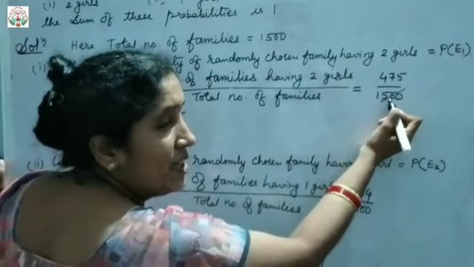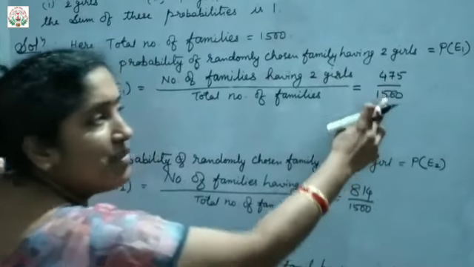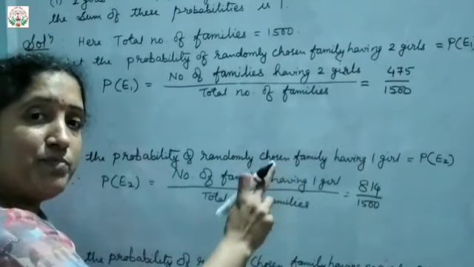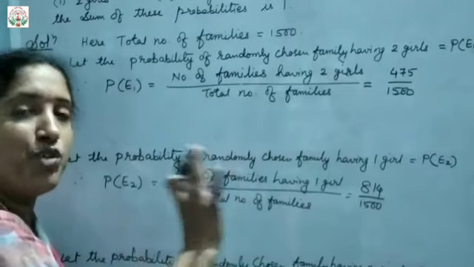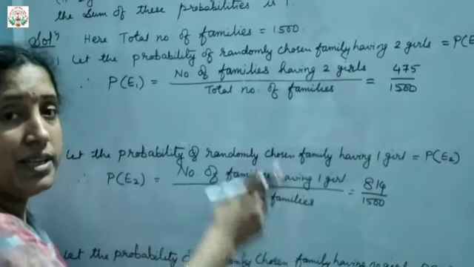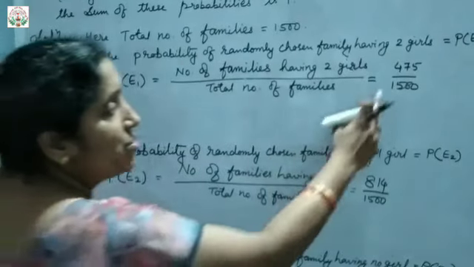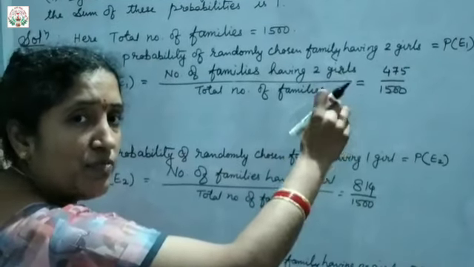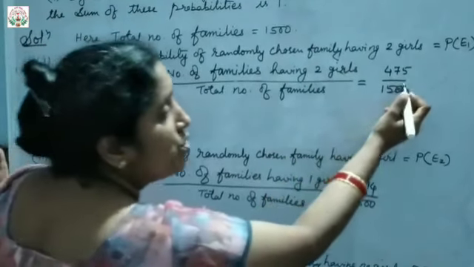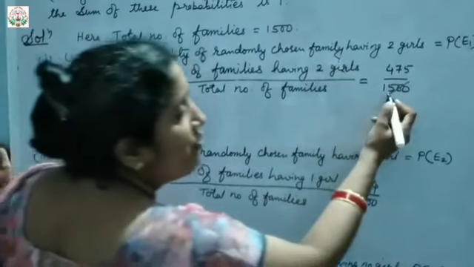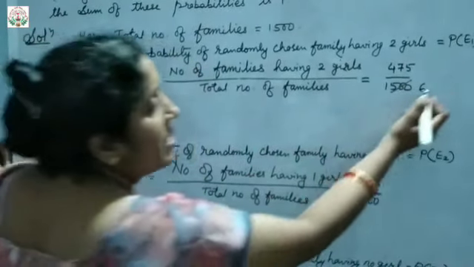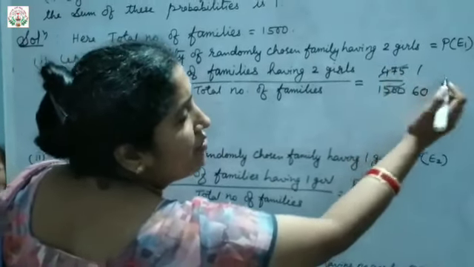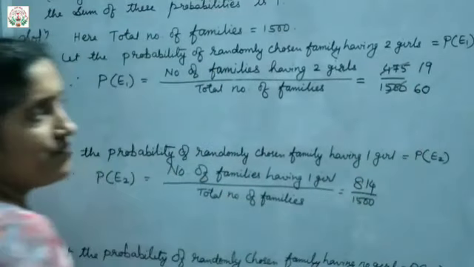You cannot leave the fraction like this because it is further divisible. Probability means you have to bring it into its simplest form. If it is divisible, you divide the numerator and the denominator. Both numbers end in 5 and 0, so it is divisible by 5 or multiples of 5. 25 sixes are 150 and 0, 25 ones are 25, and 25 nines are 175.